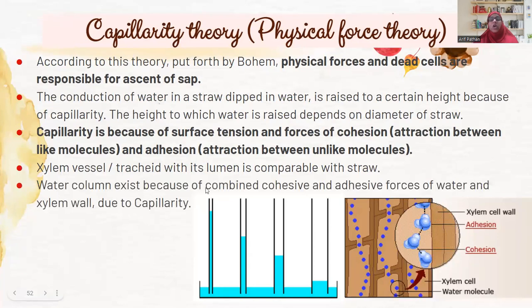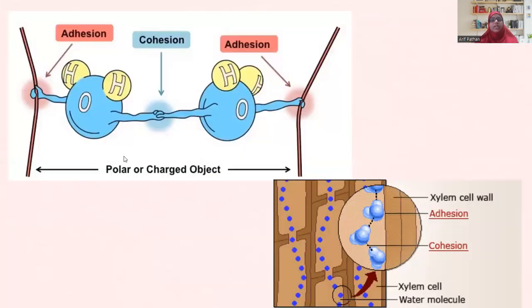The water column exists because of the combined cohesive and adhesive force of water and xylem wall due to capillarity. This results in the existence of the water column, and that is how the water is translocated from the roots to the xylem, and the xylem conducts it and transports it to different parts of the plant.